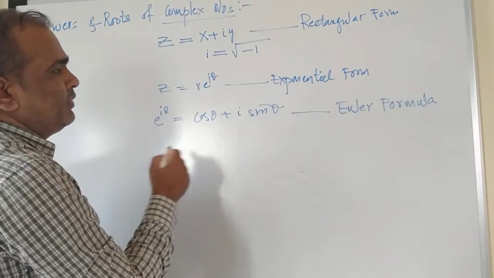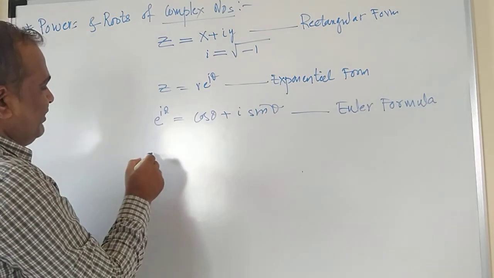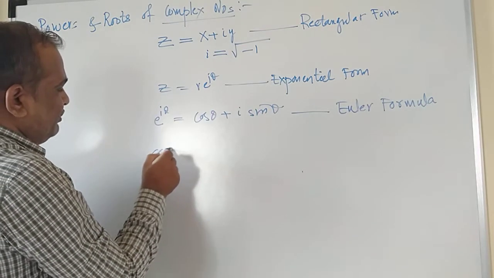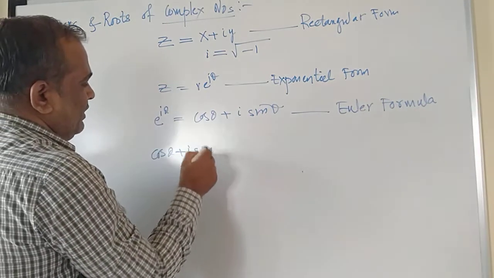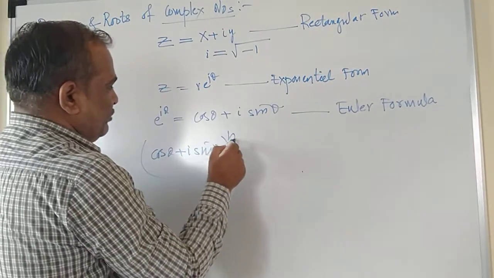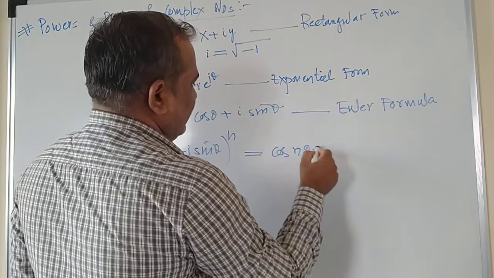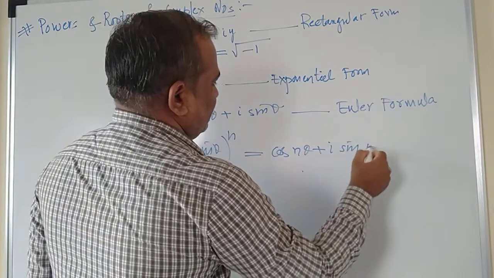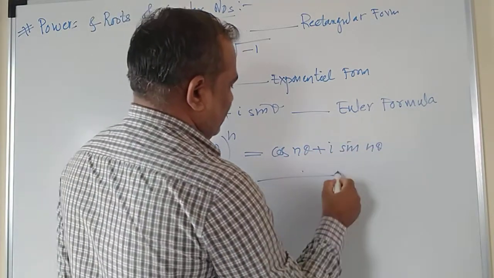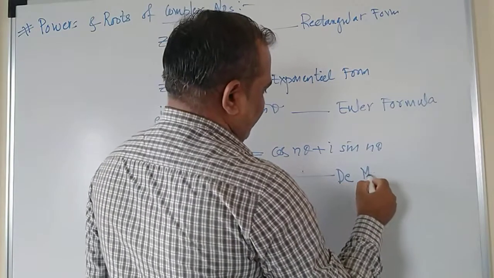And what is De Moivre's theorem? De Moivre's theorem states that (cos theta plus i sin theta) raised to power n is equal to cos of n theta plus i sin of n theta. So this is De Moivre's theorem.